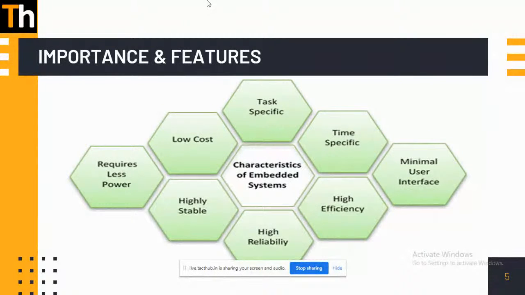And that's why, what are its important features? It requires less power. Naturally, initially it had a very high cost, but now due to new IC manufacturing technology and mass scale production, the cost is becoming less and less. It is task specific: if you decide on a specific task, let us take your digital camera.